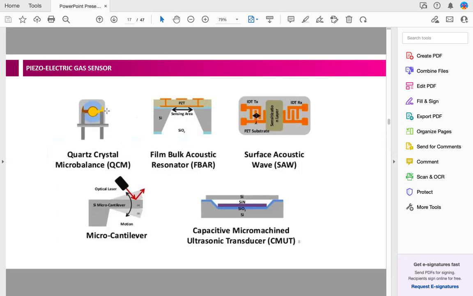If we use the quartz crystal, it is based on mass. So the mass of the gas interacting with the crystal. If there are changes of the gas mass interacting with the crystal, it can be detected by this machine. So it is detected based on frequency.